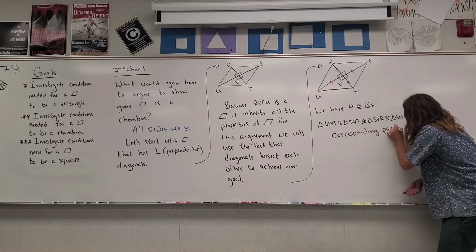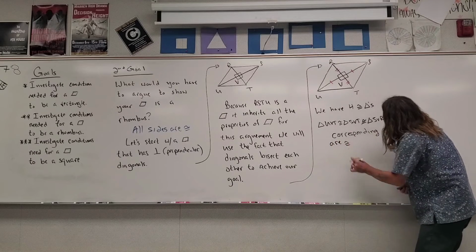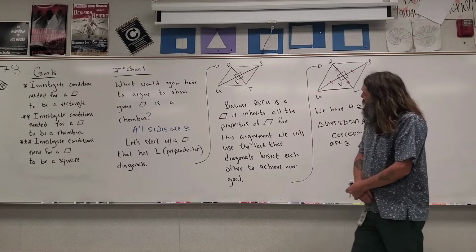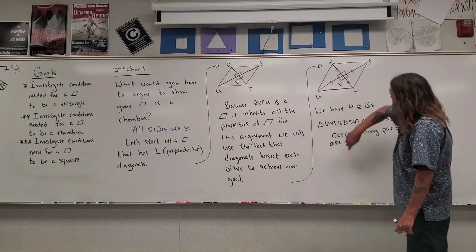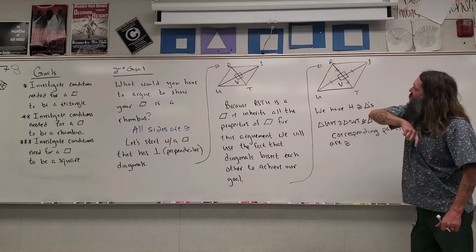And don't forget what we're trying to argue towards. We're trying to argue that all sides are congruent. So I need to show that UT is the same as ST and as SR and RU.